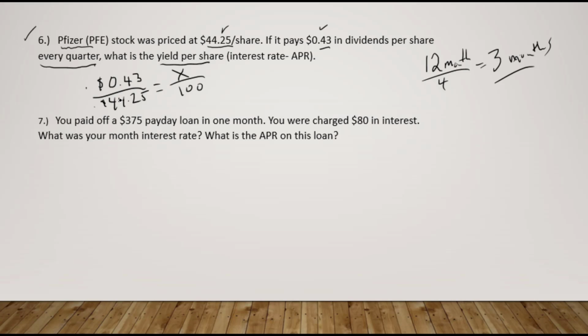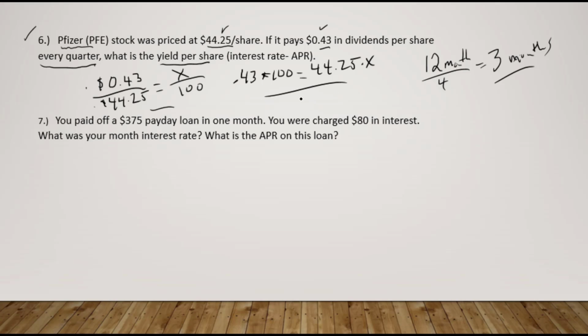Or you could just divide this and move the decimal, but maybe this is better. So I cross multiply. I'm going to get 43 times 100 equals 44.25 times X. I'll let you figure that out from there.